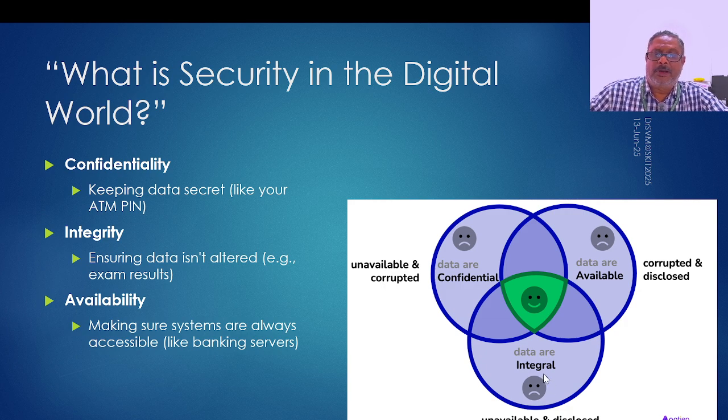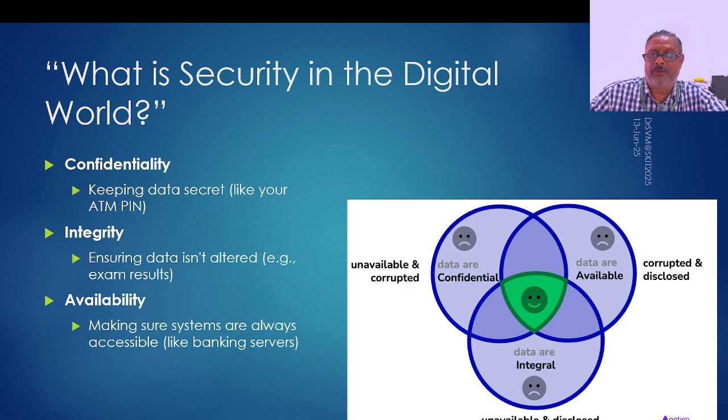If you look at the integrity part, as long as we are in this region, the data has integrity, meaning there is no tampering or alteration. But we don't guarantee that it is always available, or that confidentiality is maintained.